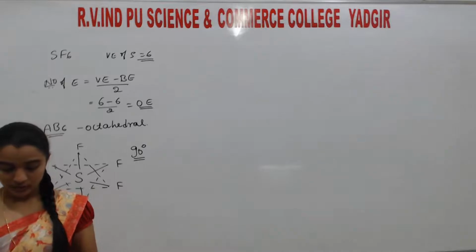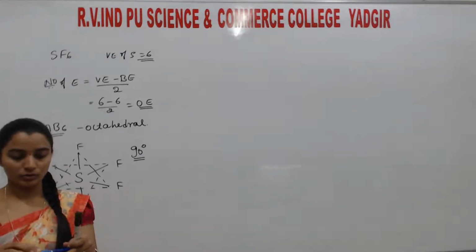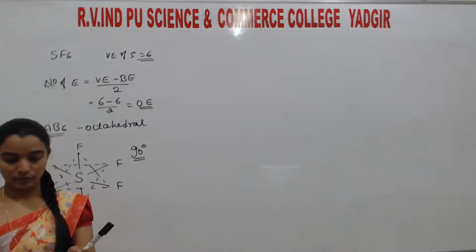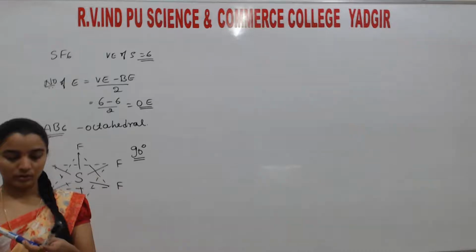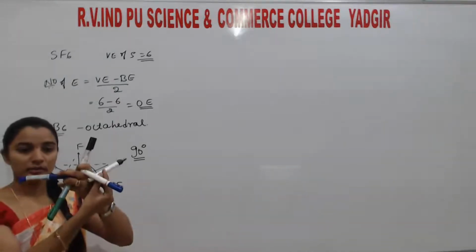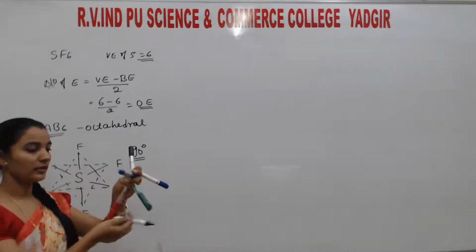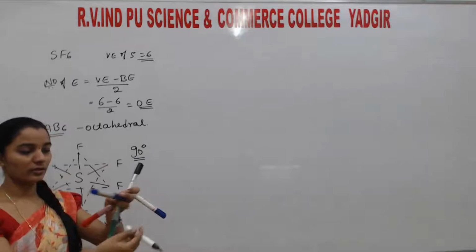How the structure is actually is like this: 1, 2, 3, 4, 5. Another one is 6. Like this. Exactly 90, 90, 90, 90. I hope you can see easily. Octahedral structure.